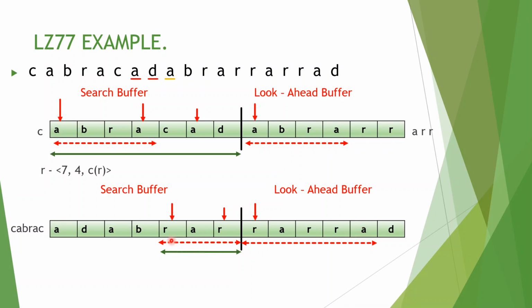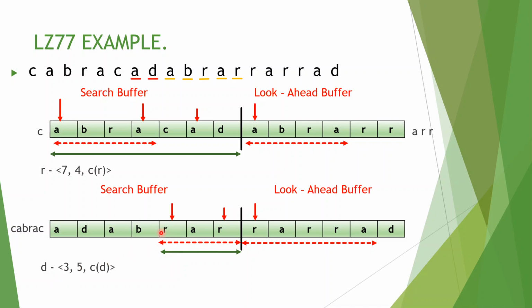See, the offset is what? From this search pointer to the look ahead buffer the distance is 3: 1, 2 and 3. So our offset is 3 and our length of match is 1, 2, 3, 4, 5. Our length of match is 5. See, here our offset is 3.